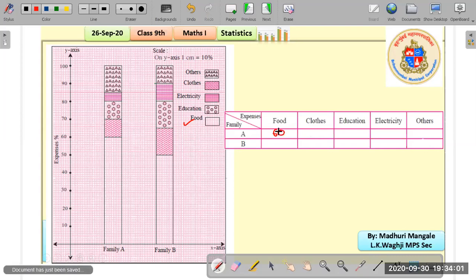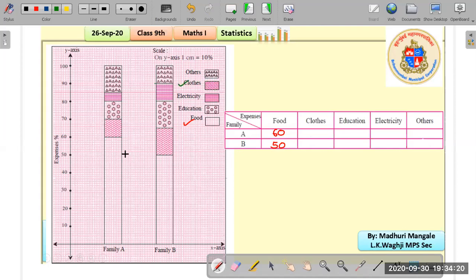And then we move to the next one, that is clothes. We fill the second column, that is for clothes. So if we look at the pattern for clothes, it is some pattern like this, slanting lines, right students?